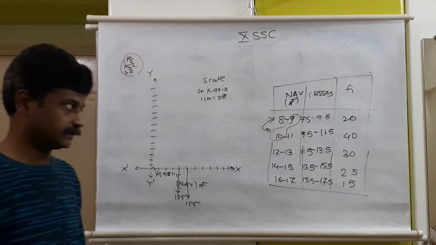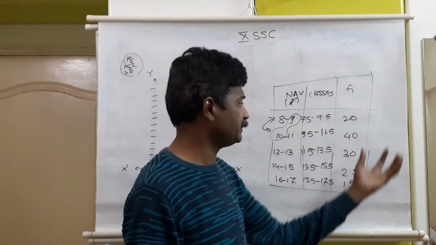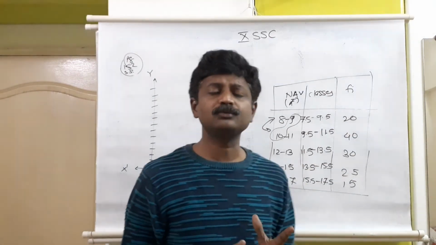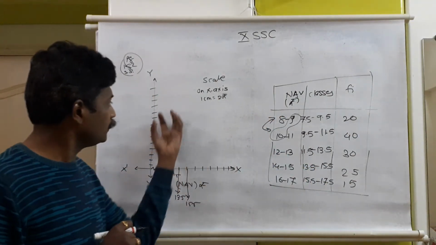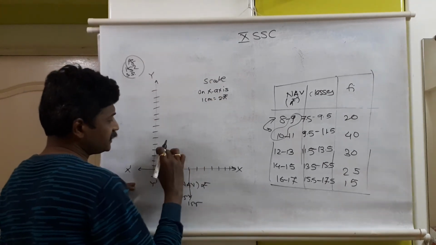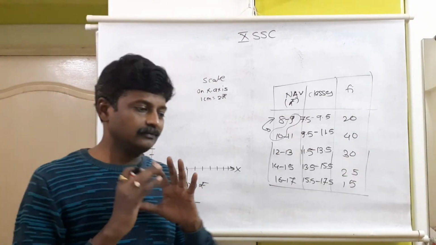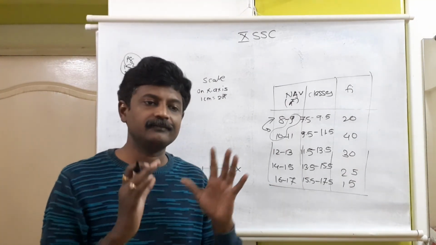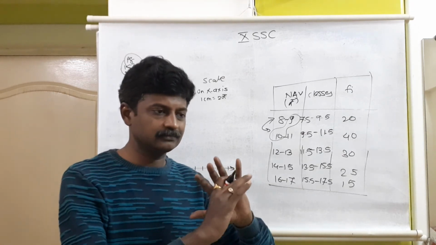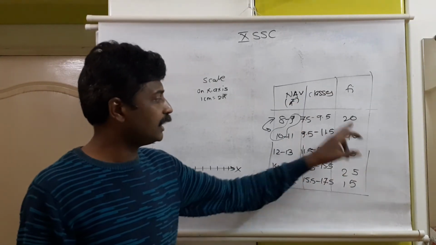Then on the y-axis, see 20, 40, 30, 25 and 15. The maximum is 40. So we have to choose a scale where the full paper will be utilized. It should not be that the graph is covered only in one corner. The graph should utilize the proper space which is available. So the maximum we have is 40.